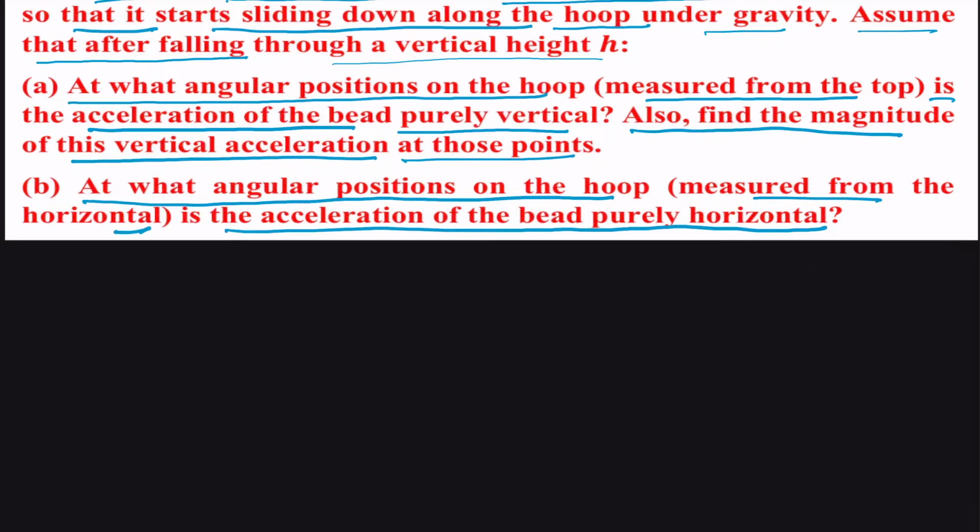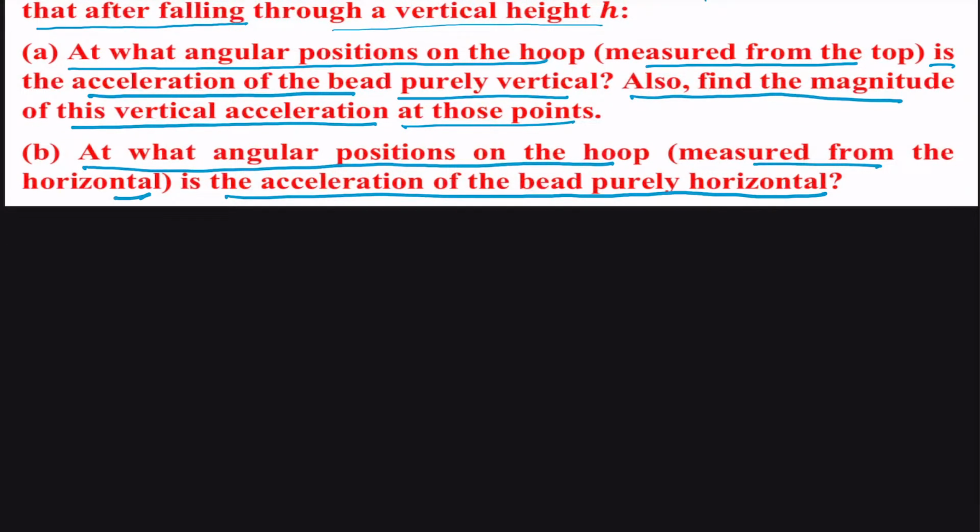In this case, let's draw an approximate figure. We have a hoop, which is a circle in a vertical plane. Let us assume that C is the center of this hoop and this is our vertical axis.